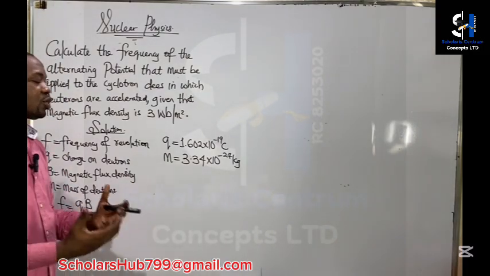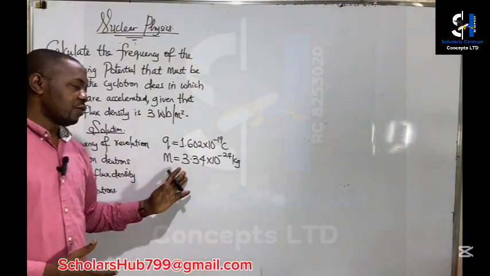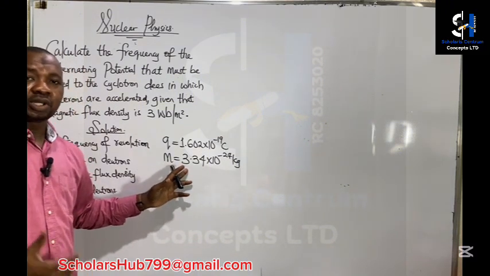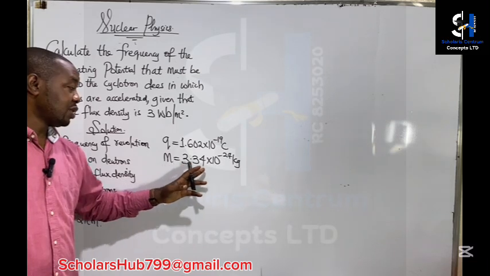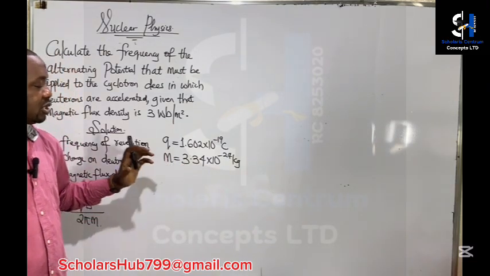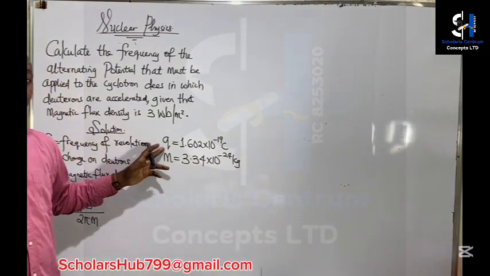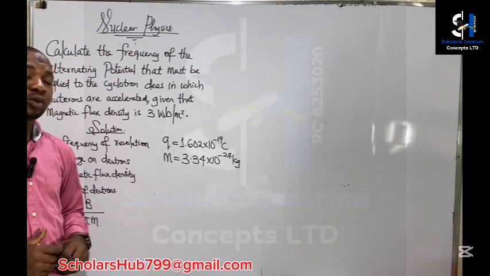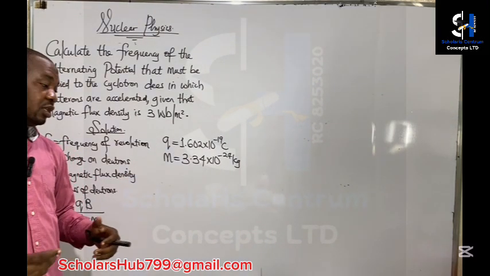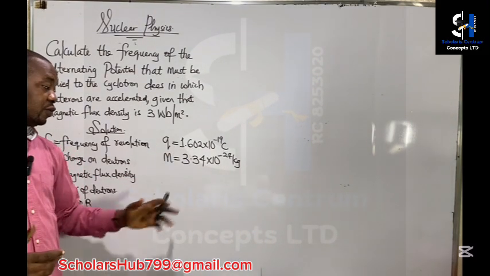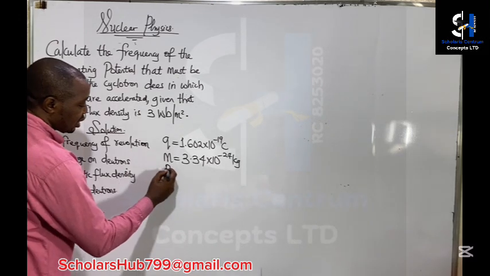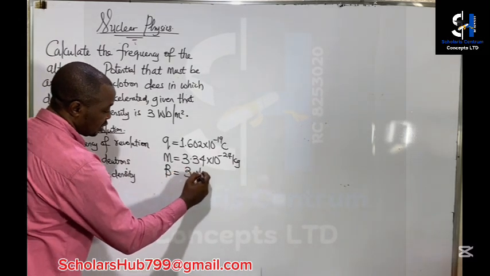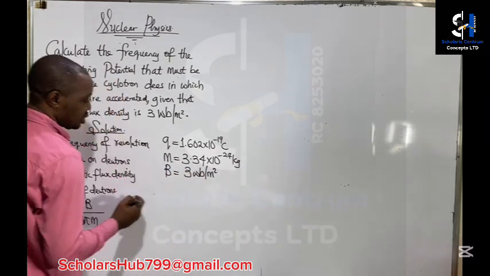There's a way we can calculate the mass of the deuteron from its atomic mass, but what is important is to know all these values. The charge on the deuteron is 1.602 times 10 raised to the power of negative 19 coulombs, and this is the mass of the deuteron. We are also given the magnetic flux density, which is 3 Weber per square meter.